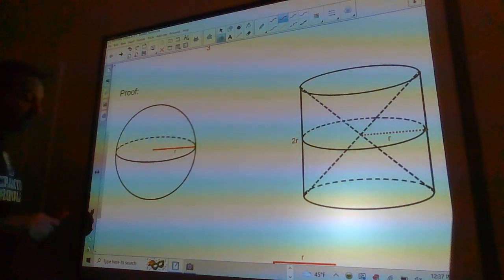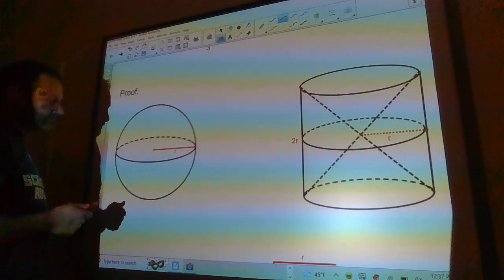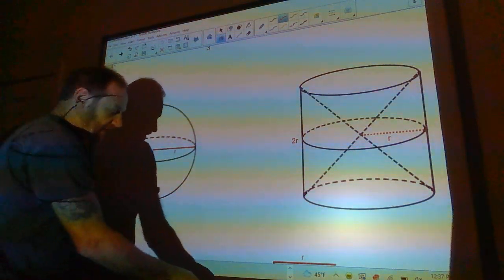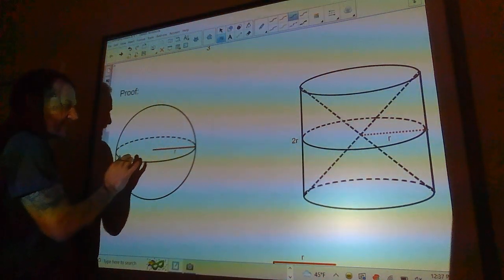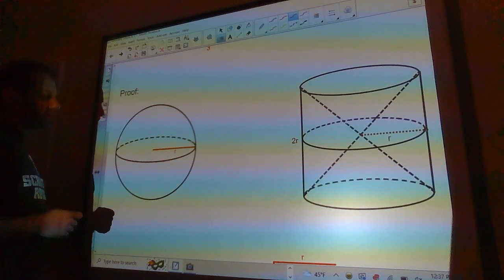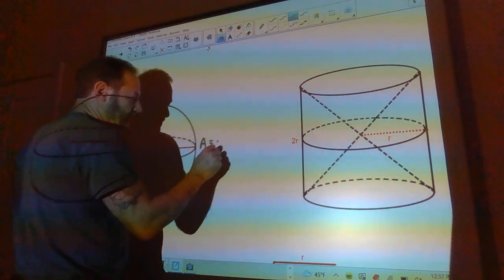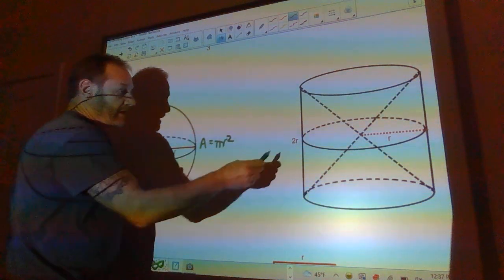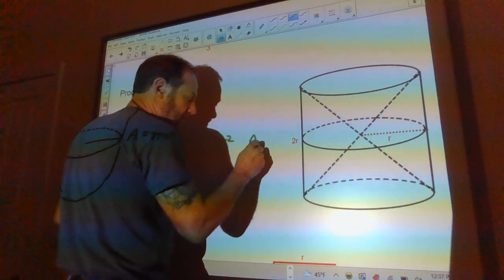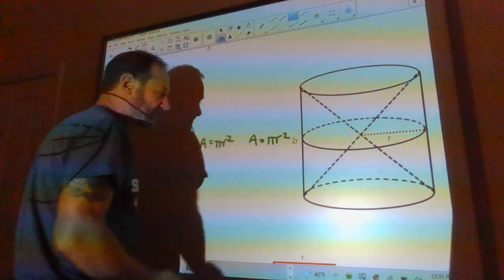So these are the same height. Now, here's what they did. They said, if we take a slice at the very middle of this, the area of this circle is pi r squared, and the area of this circle is also pi r squared. So that's a good sign.